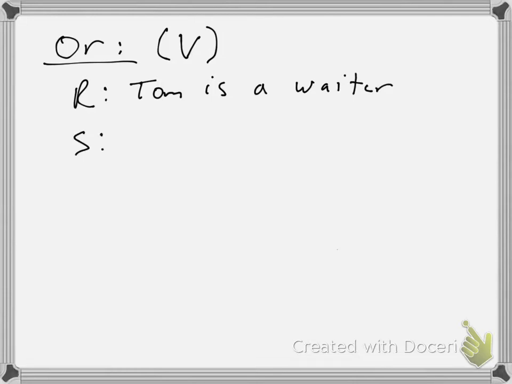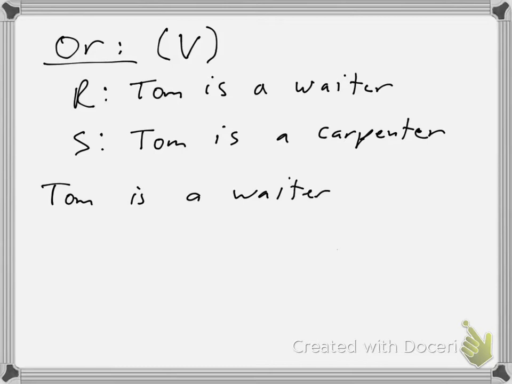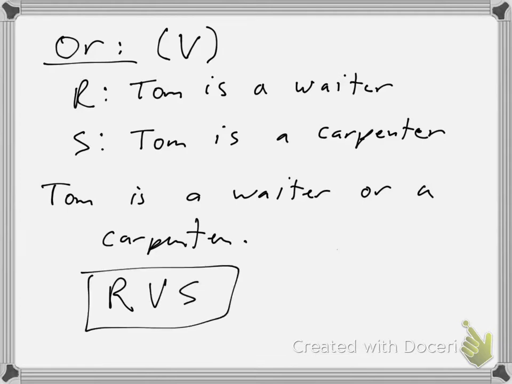And my statement S is Tom is a carpenter. Okay. Then how would I write Tom is a waiter or a carpenter? How would I write that statement using symbolic logic? We call this symbolic logic. It'd be R or S. That V means or.